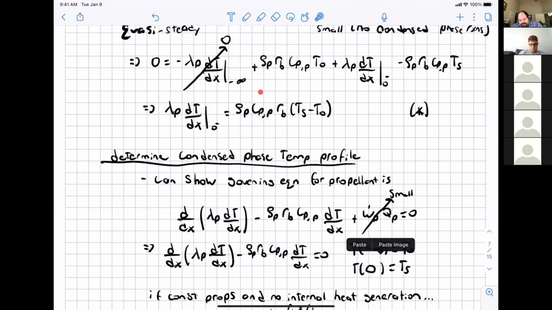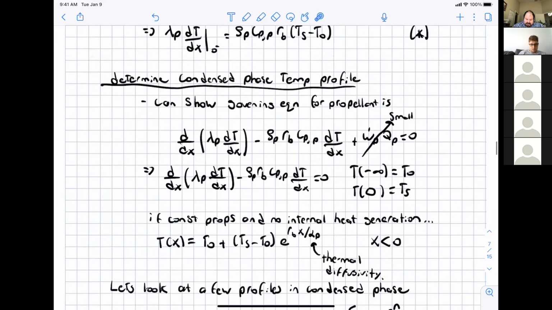Okay, so now we're going to work with an interfacial energy balance to relate the heat flux on the condensed phase side of the propellant surface to the gas phase side of the propellant surface.